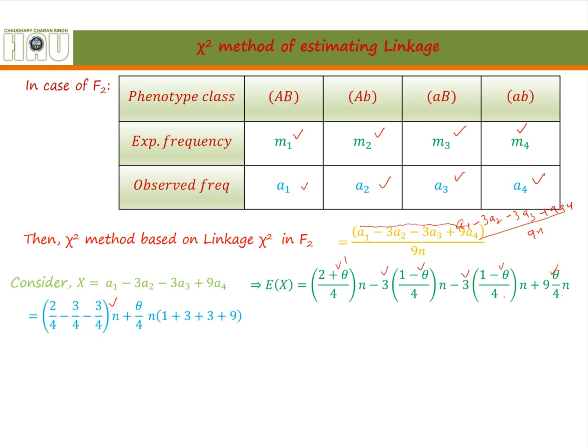So my expected value of x is minus n plus 4 theta n. How? 3 and 3 is 6, minus 6 plus 2, so minus 4, 4 by 4, this is minus n. And in this case it is 16 by 4, so this is 4n.